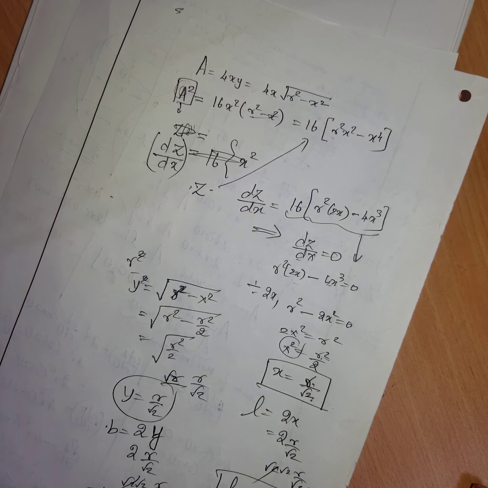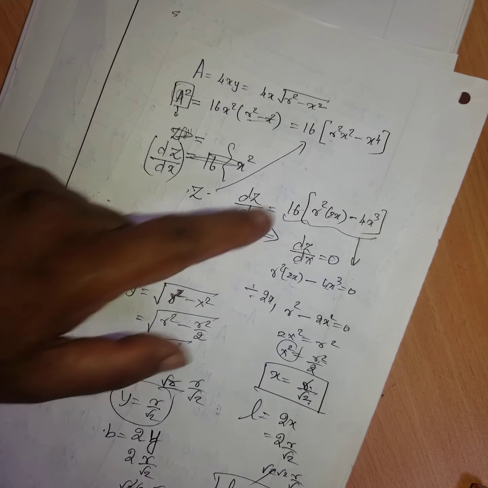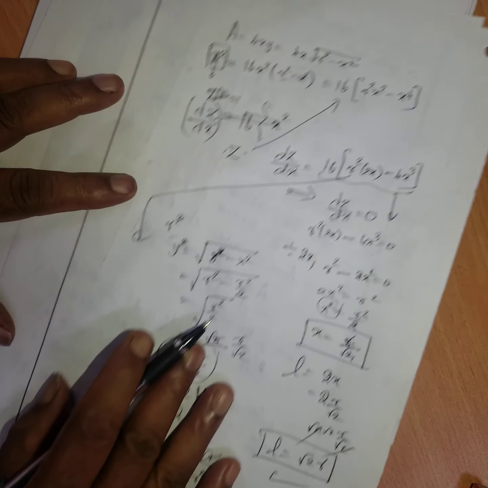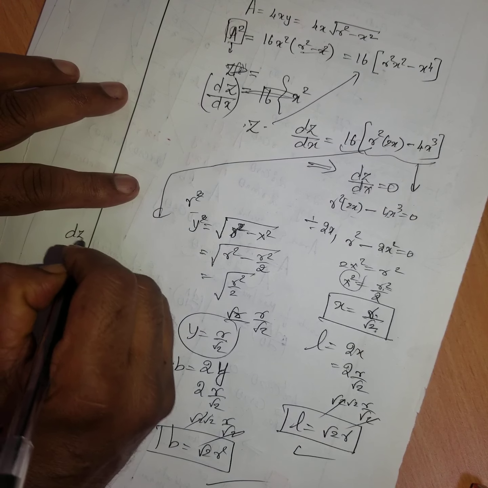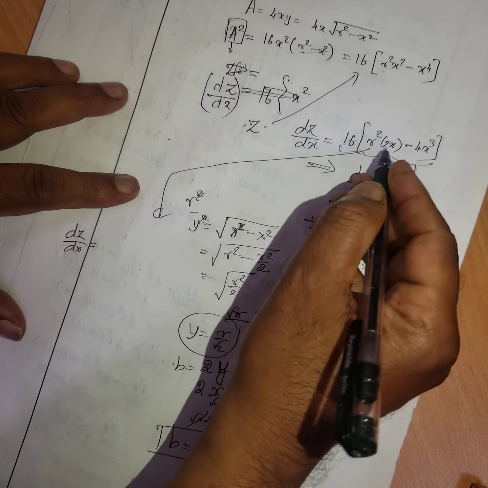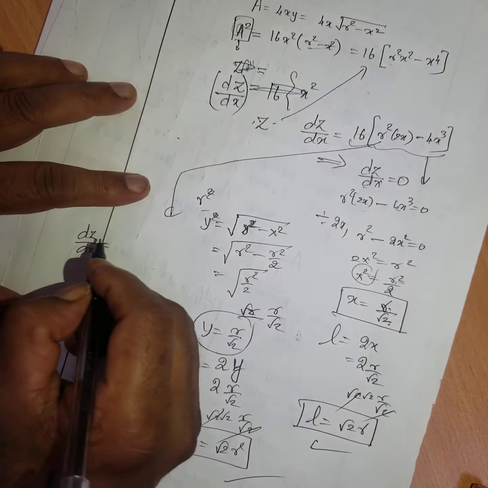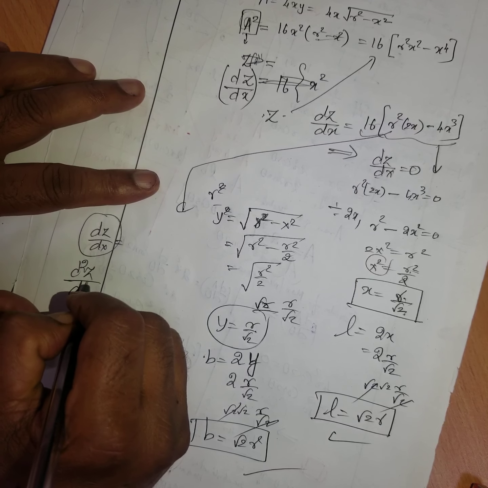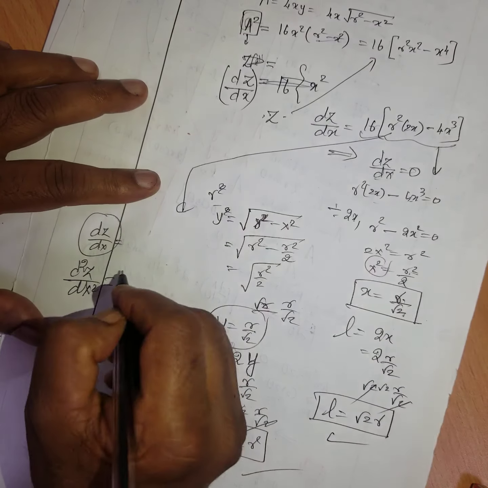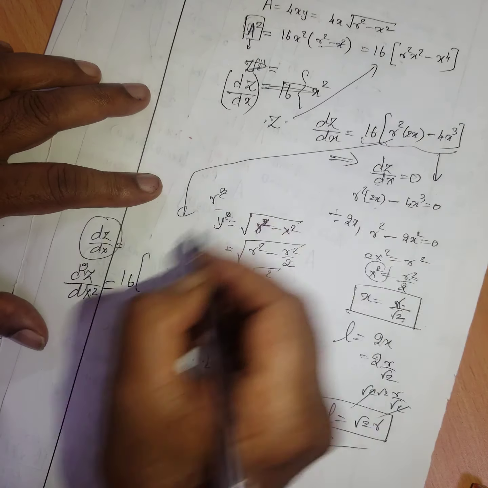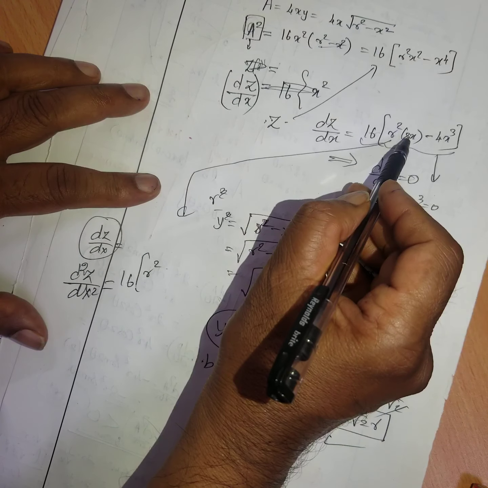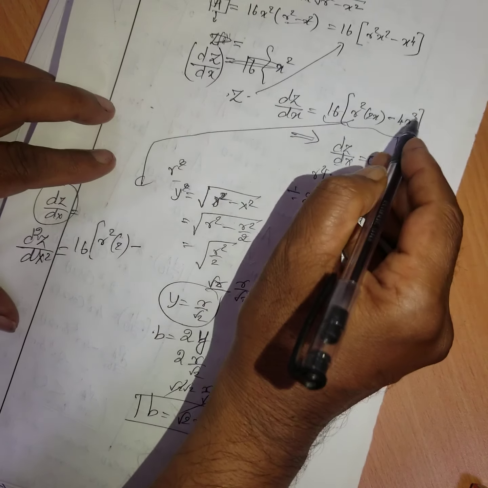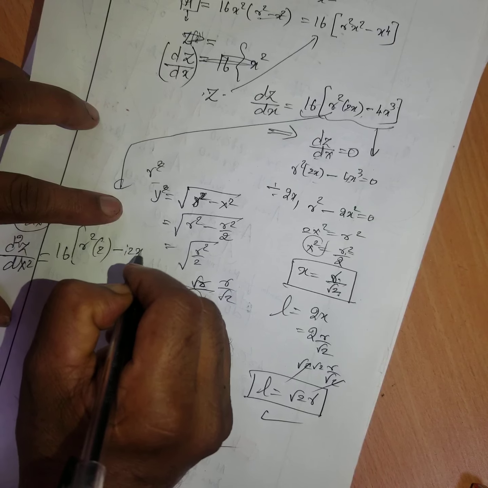But what about the second derivative, if they ask how to do this? What is the second derivative of this? You can further do it if you want. dz by dx equal to what you got? I got this much. Second derivative d square z by dx square is equal to 16 r square constant, 2 from differentiating 2x, and here 4 threes are 12 x square.